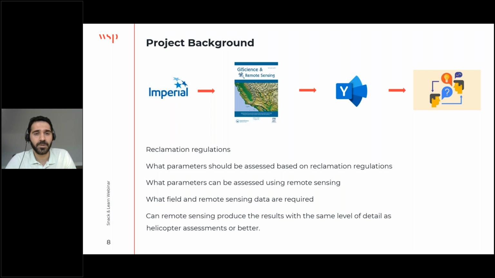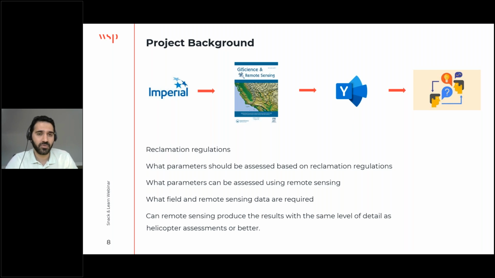So they came to our reclamation scientists and asked if someone in our company could do this work for them. Our reclamation scientists searched some research studies and found a paper which describes similar parameters to what they were looking for.